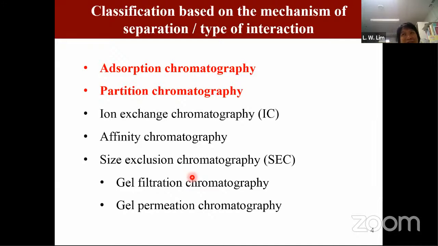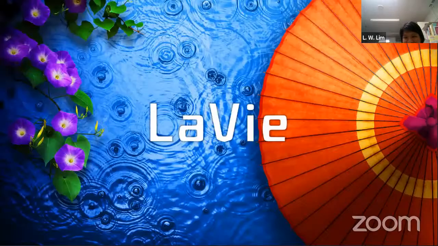And affinity chromatography, depending on the case, is usually for enzymes and very biological samples. And ion chromatography is more for environmental samples. So next week will be a mixture of these chromatography types. If you have time, maybe you can read a bit and then let me know some questions.